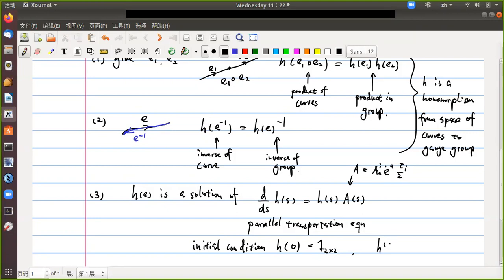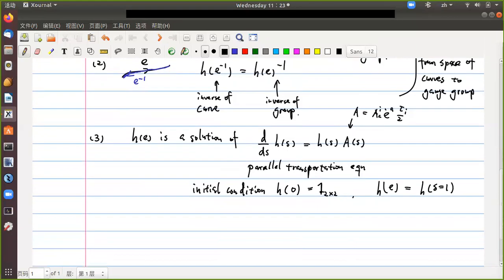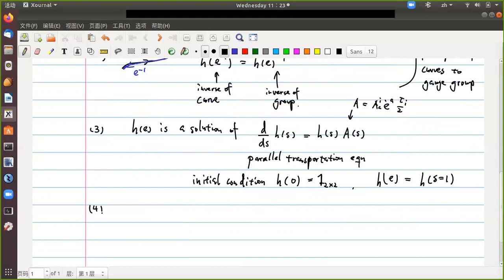Then you can define H_E, our holonomy or Wilson line, to be H(1), that is, H(s) at s equals 1. This is how you get holonomy from the differential equation. So this is property 3, and property 4 is gauge transformation.